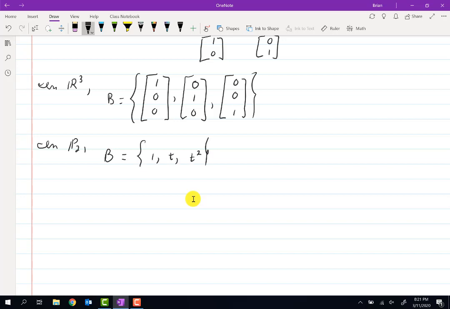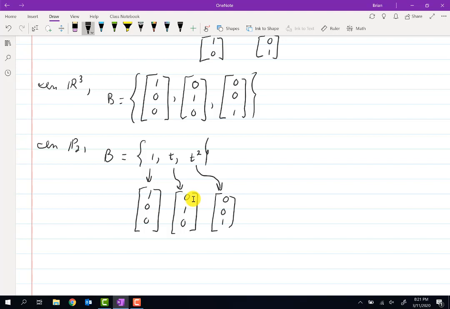And I do exactly the same thing. The 1 I think of as 1, 0, 0. The t I think of as 0, 1, 0. And the t squared I think of as 0, 0, 1.